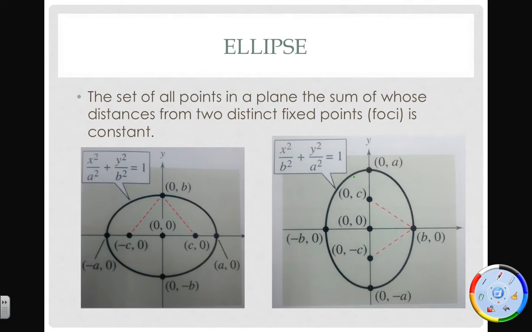And the only thing that I really didn't add to this picture is the idea of a major axis and a minor axis, I guess is what we call it. Okay, so the major axis in this case is this line.